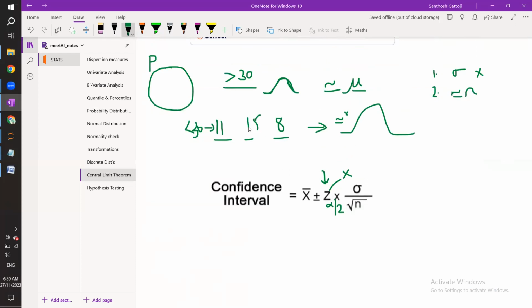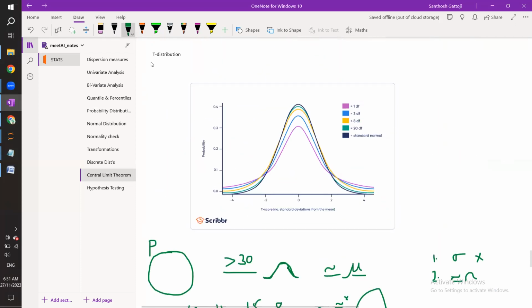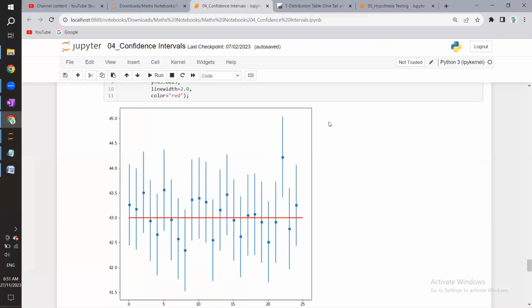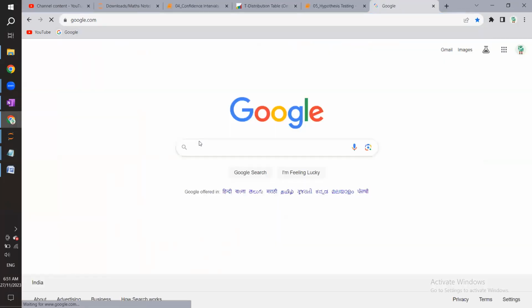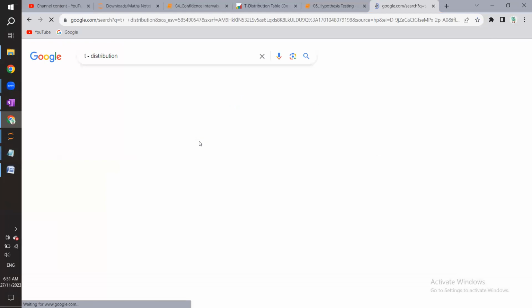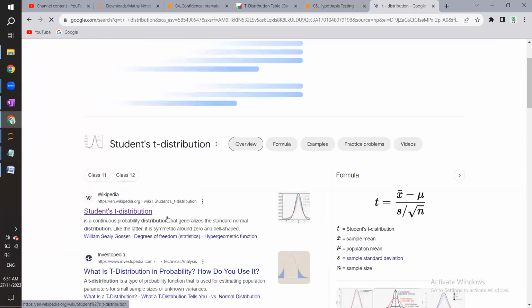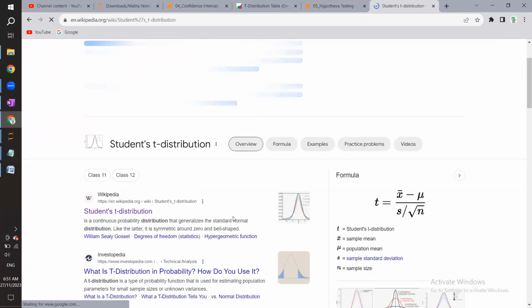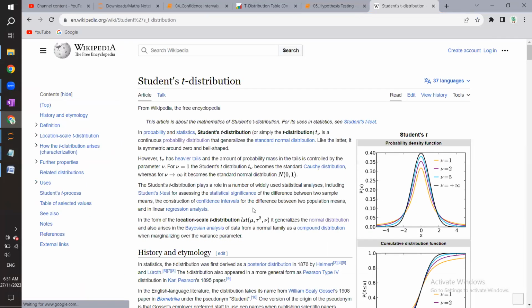But before that, the distribution which you get when the sample size is small is called the t-distribution, guys. It's also called Student's t-distribution. Why is it called the student distribution?